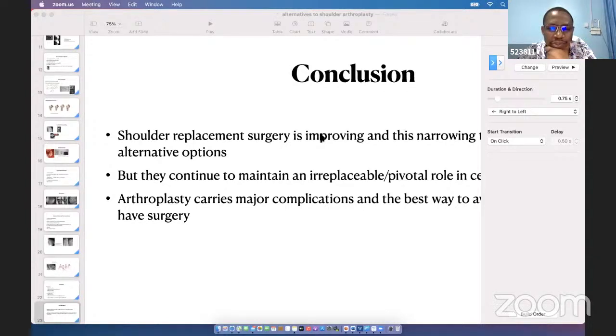Also, how early do you commence physiotherapy post-op? Okay, it depends what you've done. I think we answered this question. If you've done an arthroplasty, I think he's talking about arthroplasty, I stand corrected, physio should start immediately.